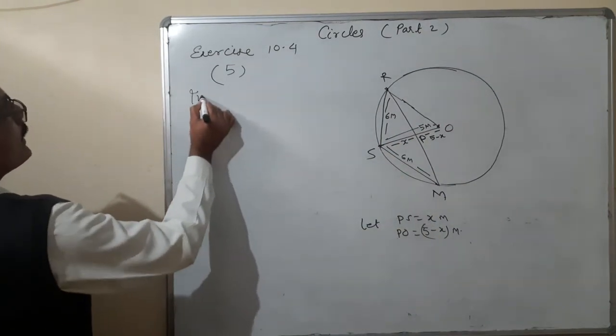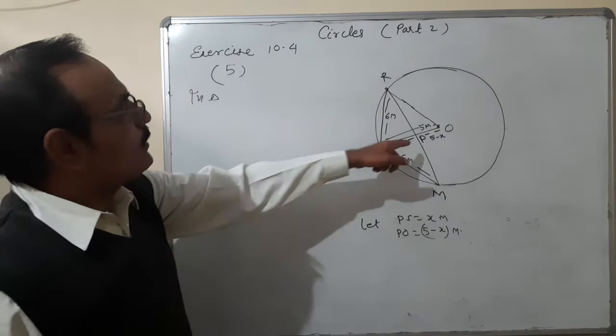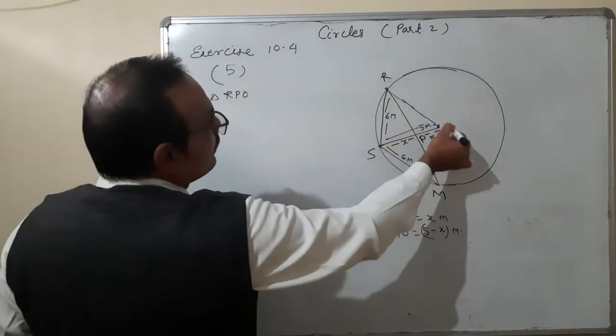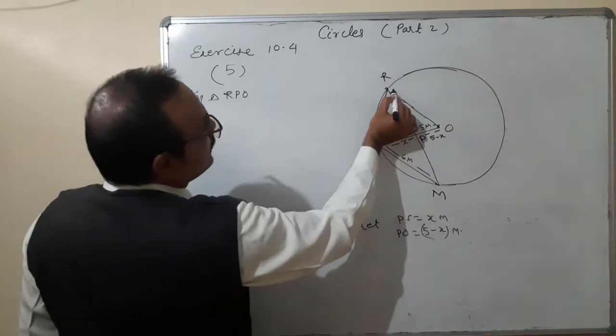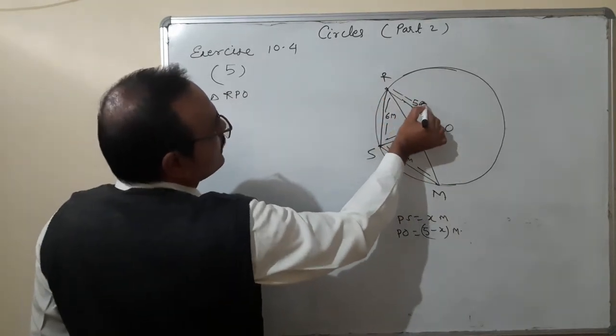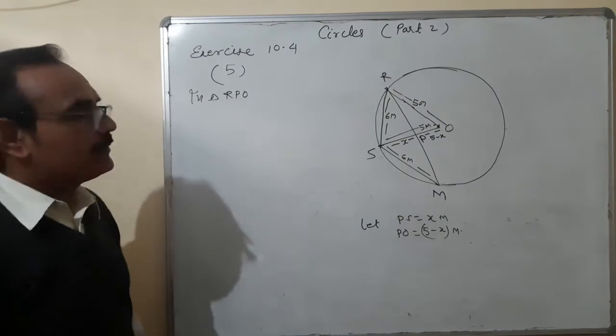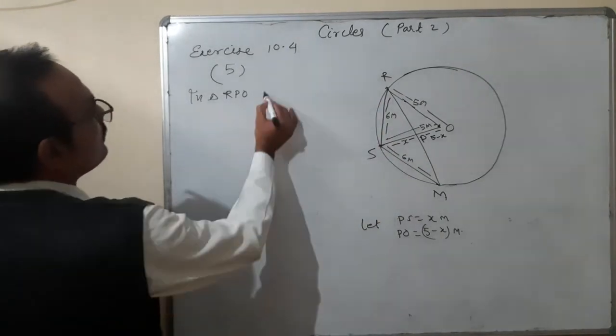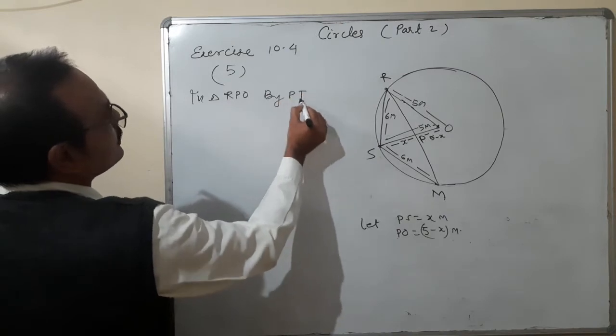First I am taking triangle RPO, because the radius of this circular park is 5 meter, and all the radii are the same. In triangle RPO I am using Pythagoras theorem.